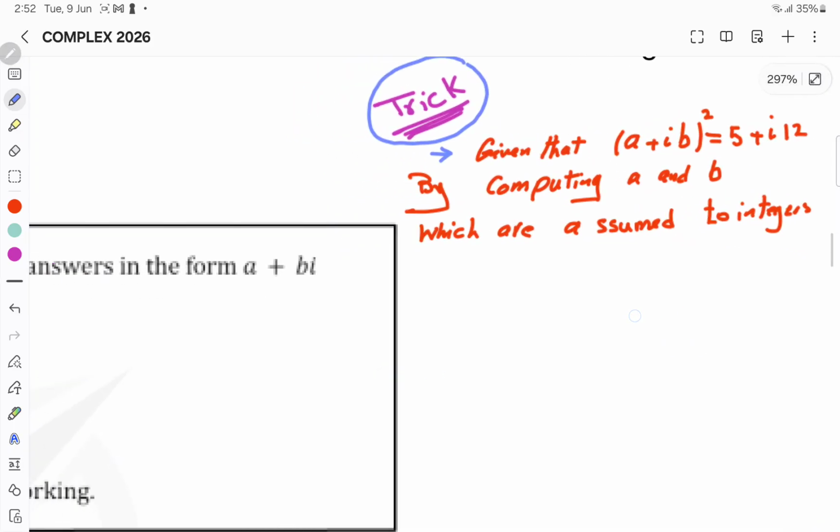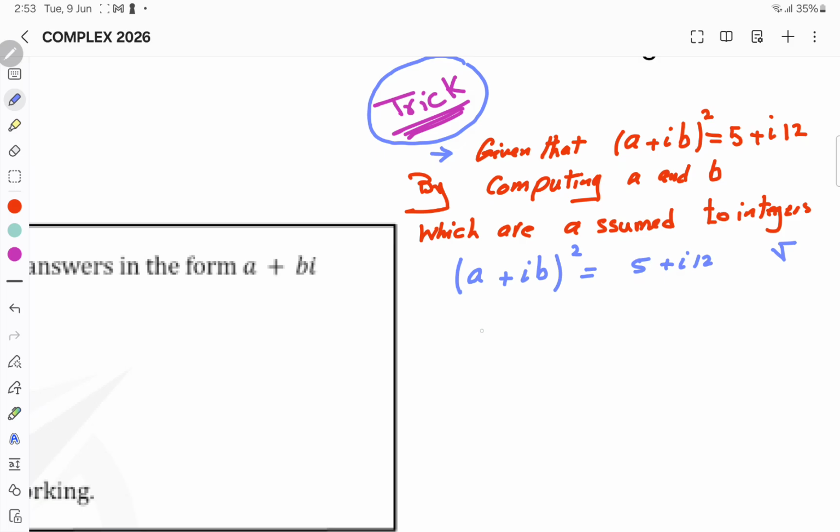He didn't ask me to find the square root, but we note that a plus i times b, all squared, is equal to 5 plus 12i as given. To remove that square, we just need to take the square root of both sides.